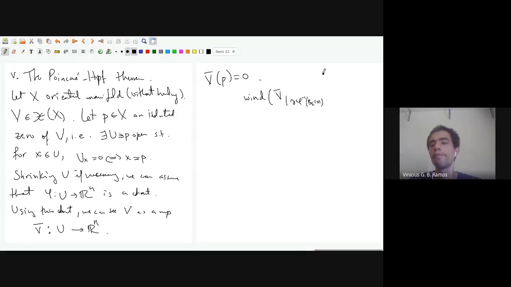So if P is an isolated 0, I take a little ball. Then along the boundary of this ball, I don't have a 0, so I can look at this winding number. And this winding number is by definition the index of V at P.